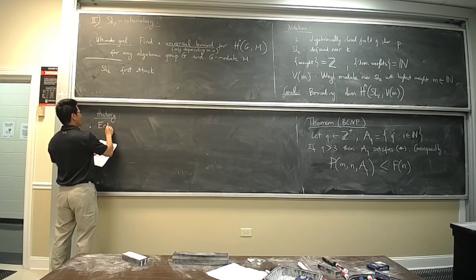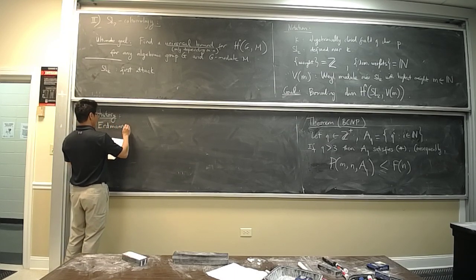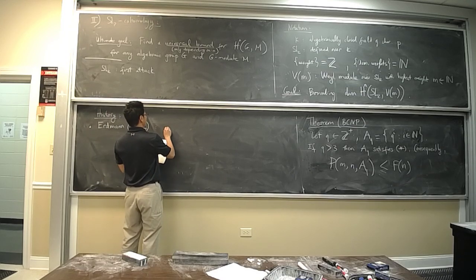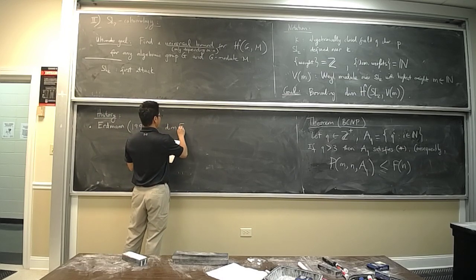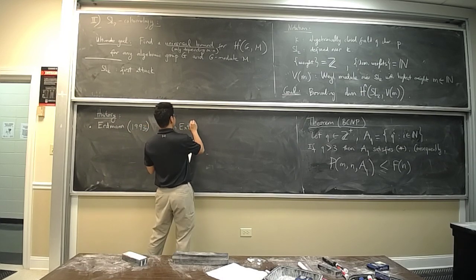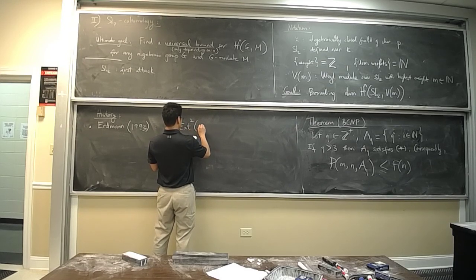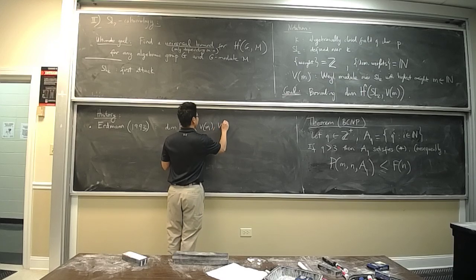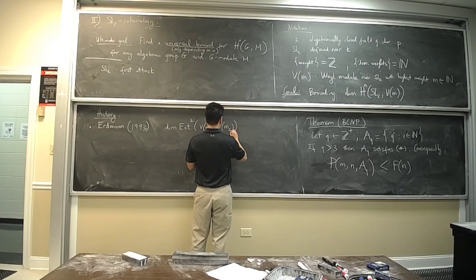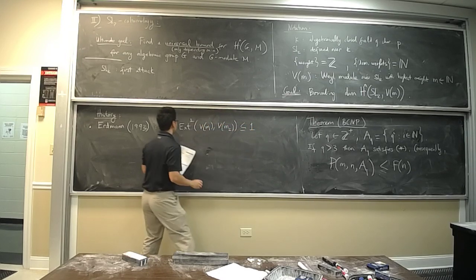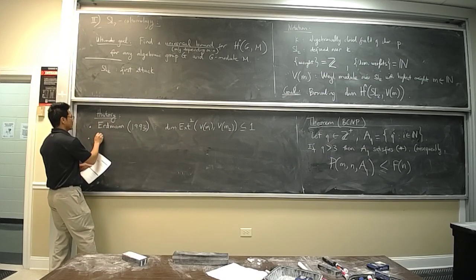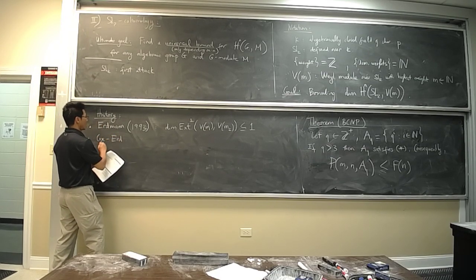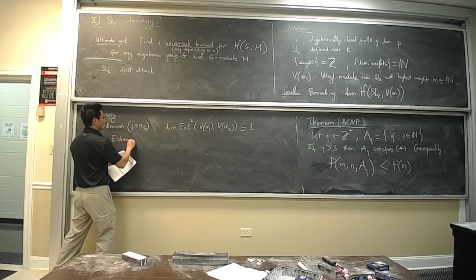Okay, so Parshall in 1993 showed that the dimension of the extension space between Weyl modules is less than 1.